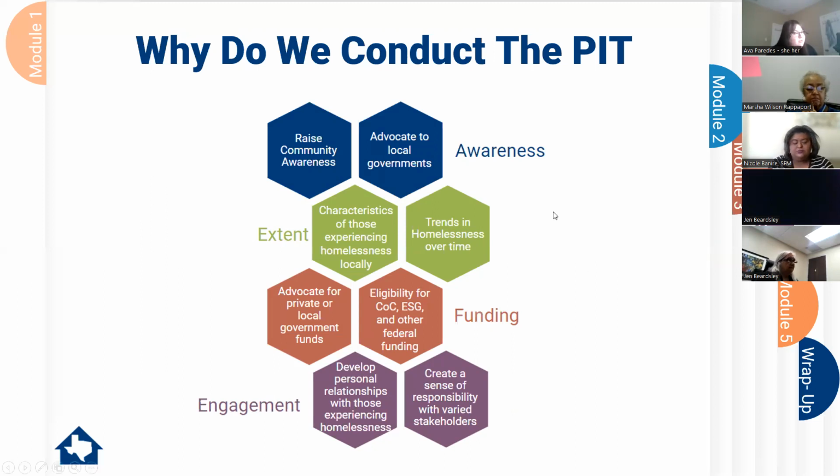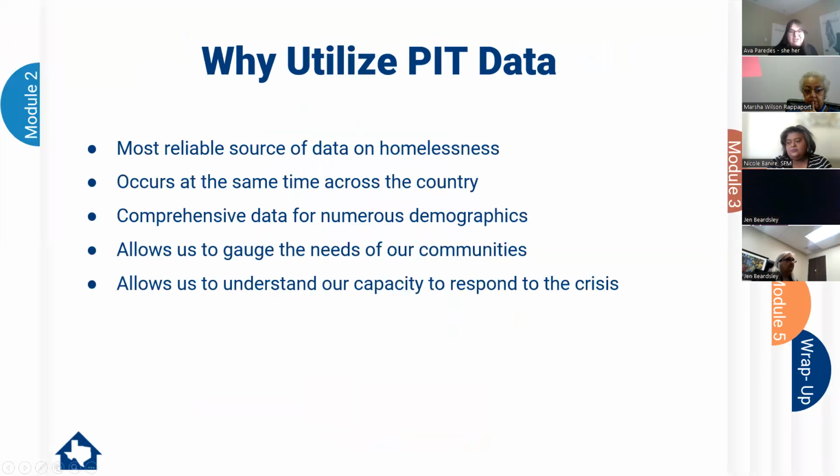So why should we utilize the PIT data when trying to align the interests of LHCs? Well, although the methodology is not perfect, the PIT data is a very reliable source of information on homelessness because the PIT count occurs at the same time throughout the country.